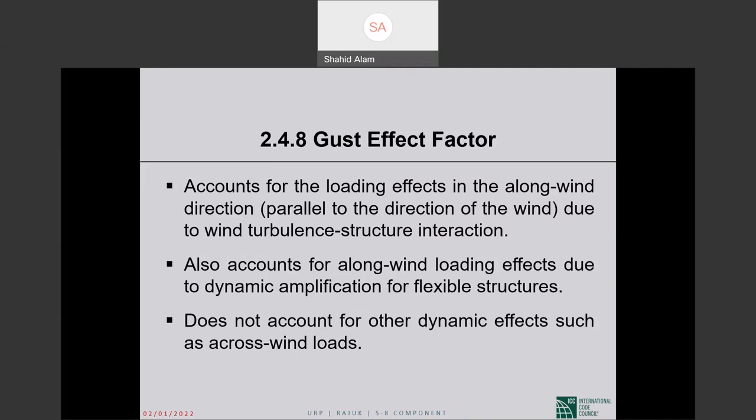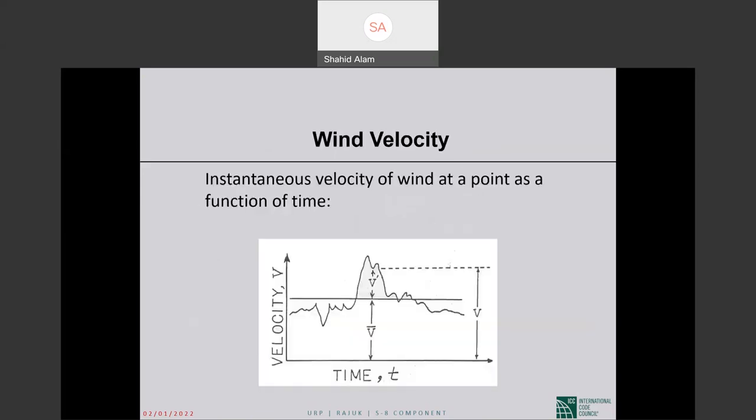We are accounting for wind turbulence-structure interaction in the direction of wind. It also accounts for along-wind loading effects due to dynamic amplification for flexible structures. As I say, flexible structures are more sensitive. The gust effect factor does not account for other dynamic effects such as across-wind loads. Across-wind effects are not accounted for through the gust effect factor.